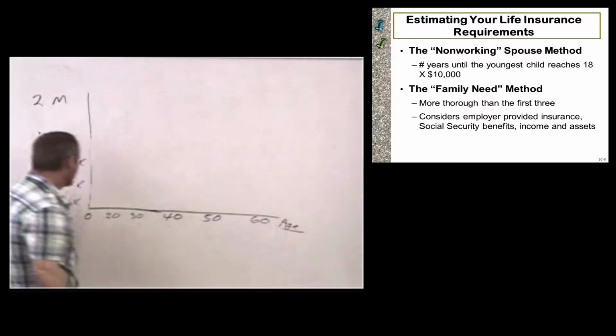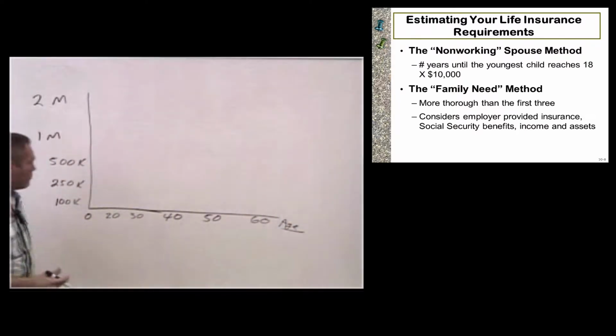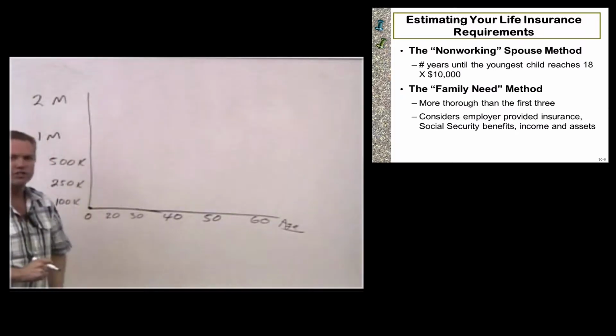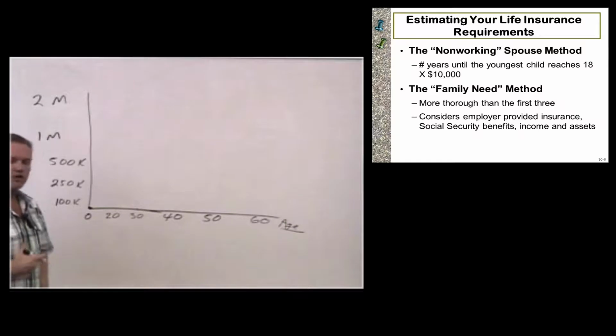All right? So typically when you're born, you need 0 life insurance. Basically, you're not providing money to anybody. You're basically a net taker for 18, 20, 25 years as you're being supported.